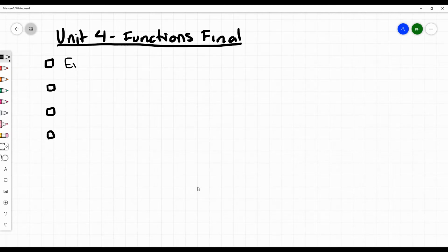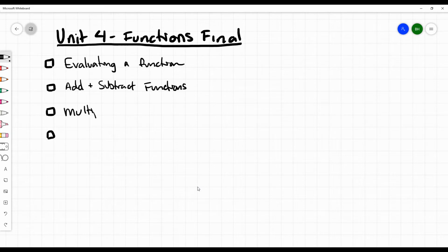The first one is simple: evaluating a function. We'll talk more about that in just a second. And then we're going to move forward with adding and subtracting functions. Doing those operations, and then being able to multiply functions is going to be another one.